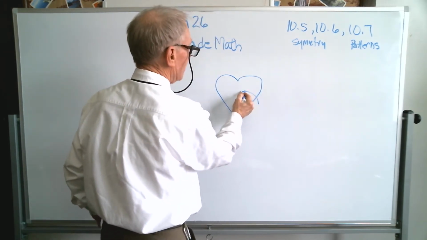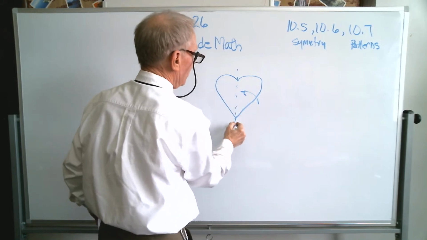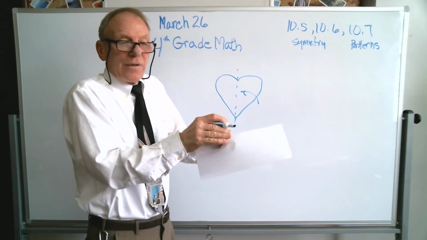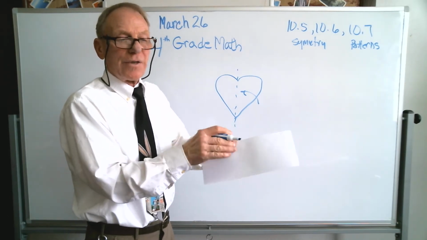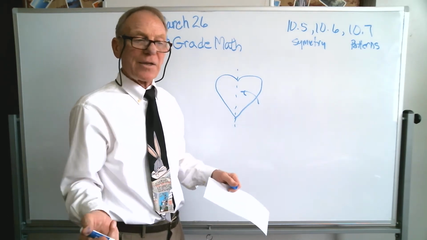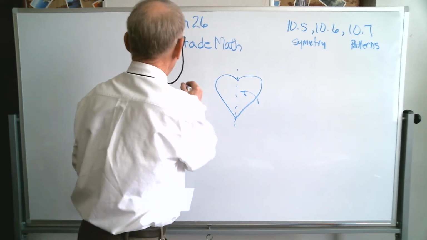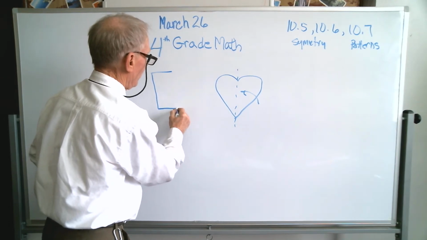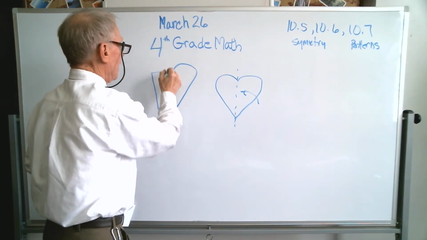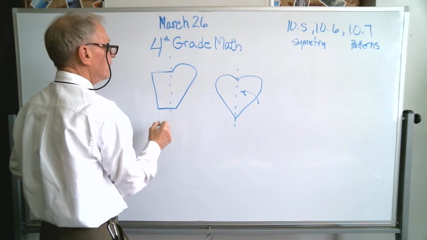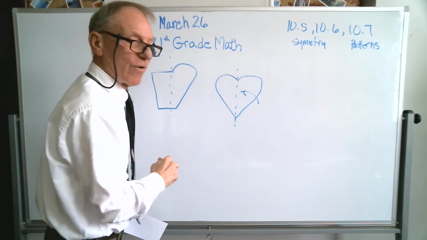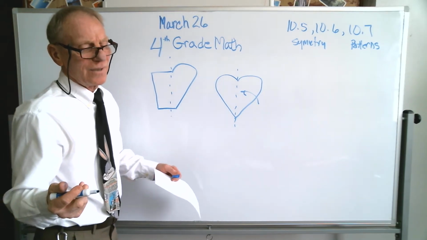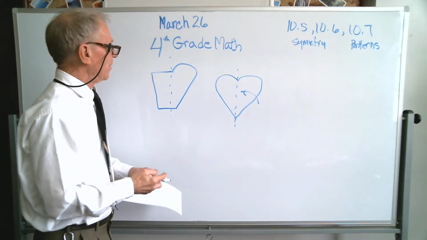If you fold this in half along this line, they're exactly the same. They mirror each other. That means it's symmetric. If I was to do a shape like this, and drew a line through it, and folded the one half over on the other, they wouldn't match. So that's not symmetric, or asymmetric.